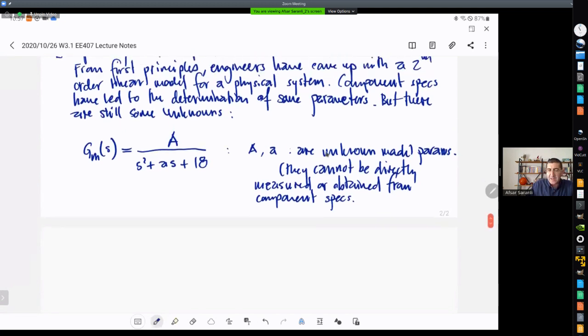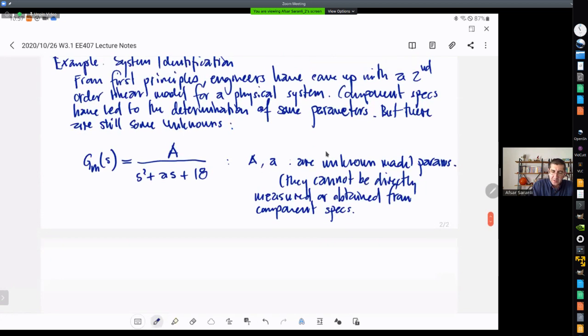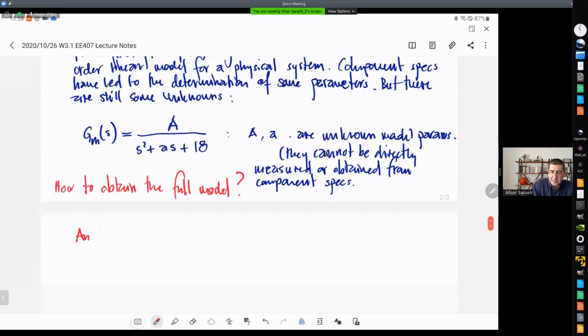Okay, so how can we obtain the complete model is the question. How to obtain the full model. And the answer to that is based on our previous knowledge of second order systems. So what we need to do is to experiment with this system.